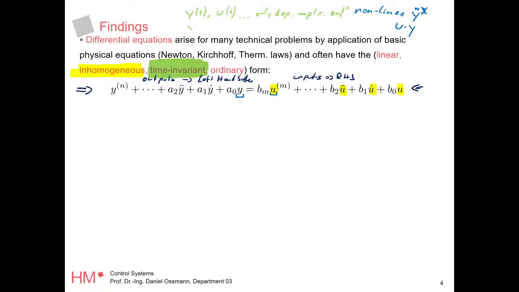So if you have something like y of t times t, or u of t times t to the power of 3, this is what we call time variant, right? So these guys here are all depending on t, right? I didn't put it there because the whole thing then gets too big. But obviously, you know that these are time-dependent variables. Otherwise, as an engineer, it doesn't make sense, right? When we talk about the car, we want to influence the speed over time, right? So it's depending on t.